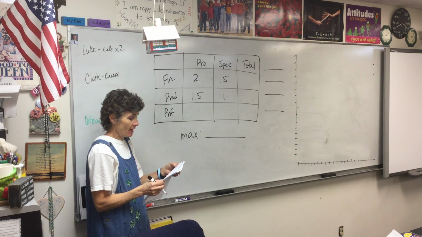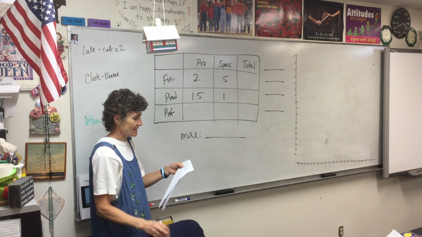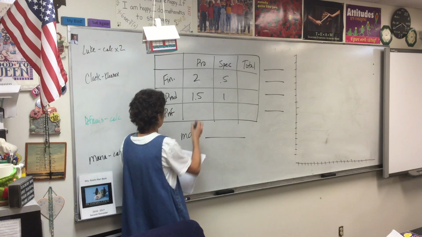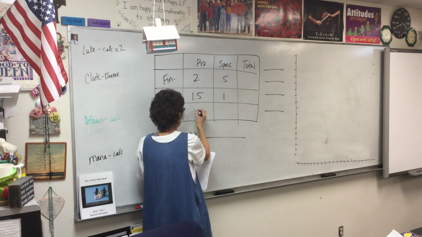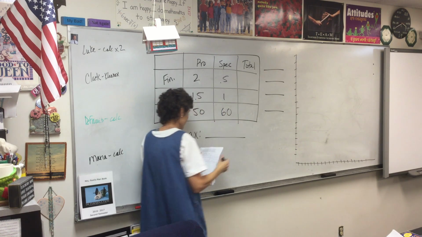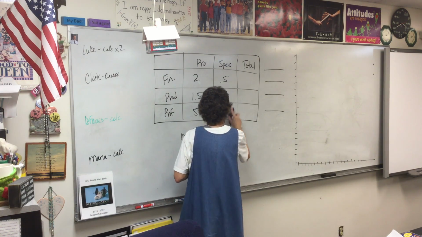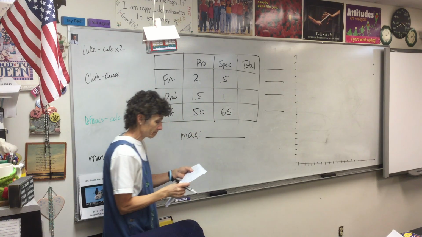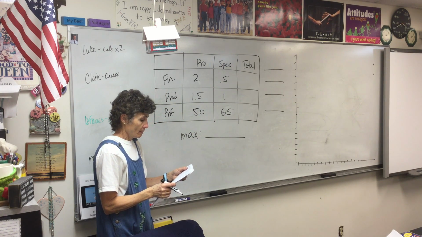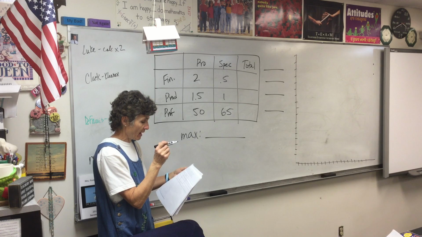How about this $50 and $65? Where does that go? That's profit. So the pro profit is 50 and this is 60? 65, thank you. Okay, now wait, what about this 85?